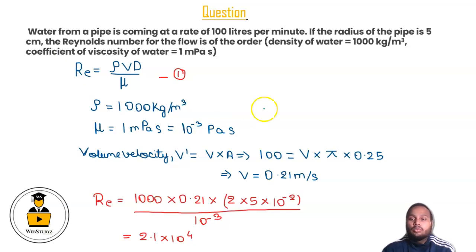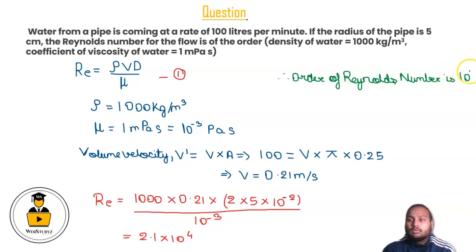So from here we can conclude that the order of our Reynolds number is 10 to the power 4.